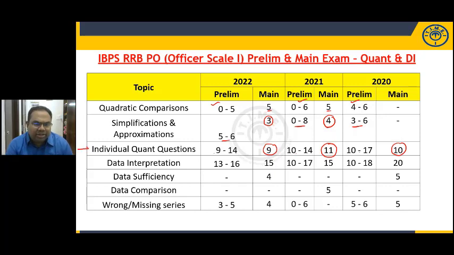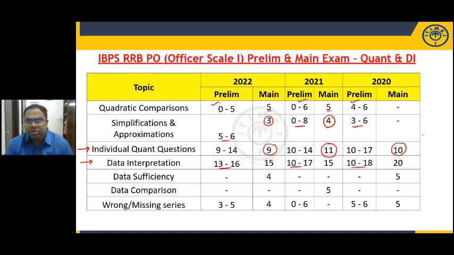Individual quant questions are nothing but questions from topics like equations, ratio, time and work, time and distance, probability, etc. Data interpretation is data given in the form of charts, tables, bar graphs, line graphs, pie charts, etc. Here also, the weightage in the prelim exam is 13 to 16 marks, 10 to 17 marks, 10 to 18 marks.